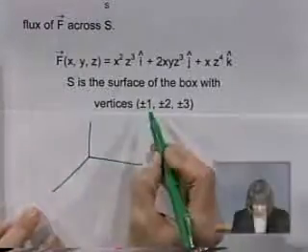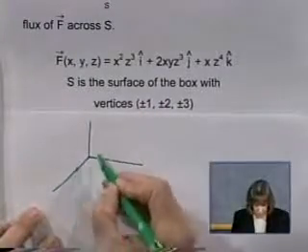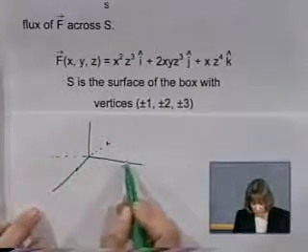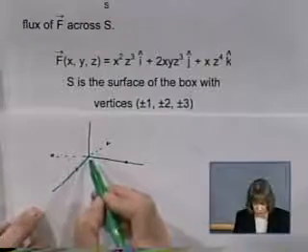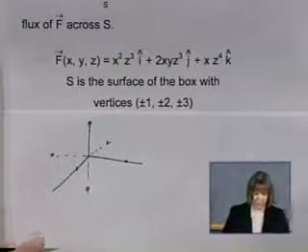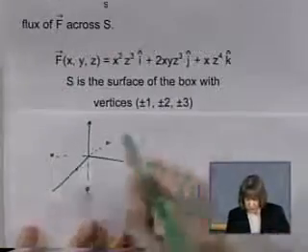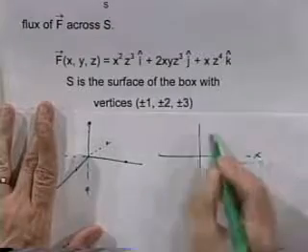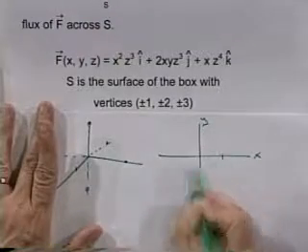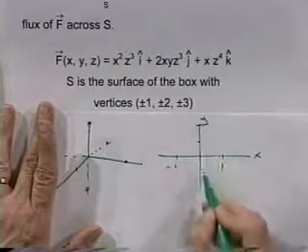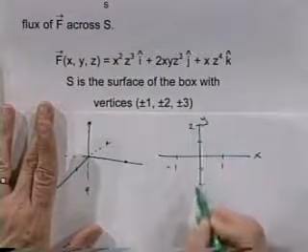Your x's go all the way from 1 to minus 1. Your y's are going to go all the way from 2 to minus 2. And your z's are going to go all the way up to 3 down to minus 3. I'm not too good at drawing it in 3D, so let me do it in 2D first. If I just look at the side of the box in the xy plane, your x's are going from 1 to minus 1, and your y's are going from 2 to minus 2.